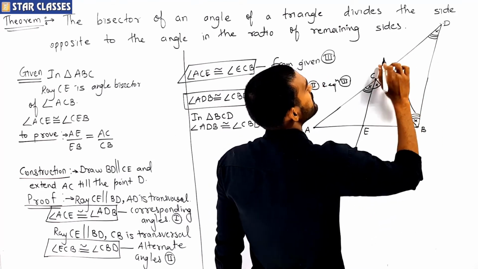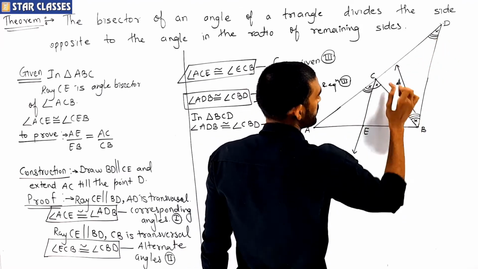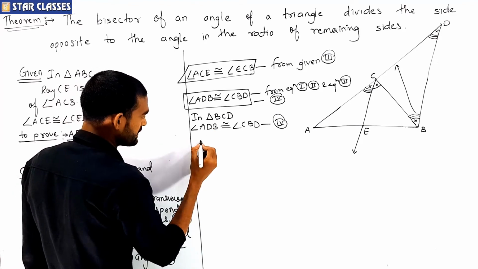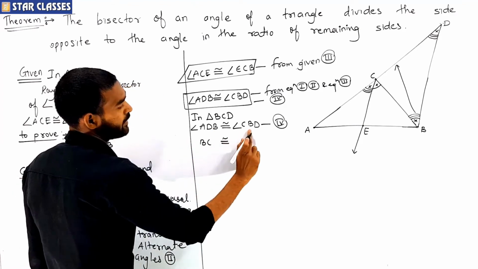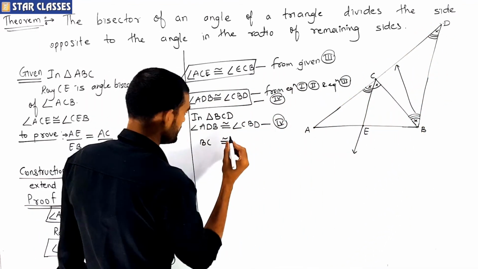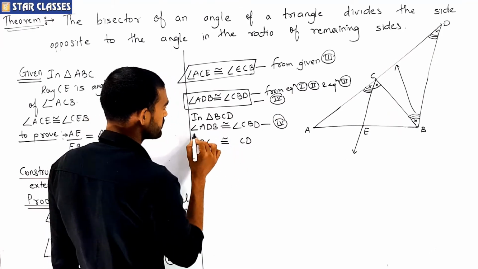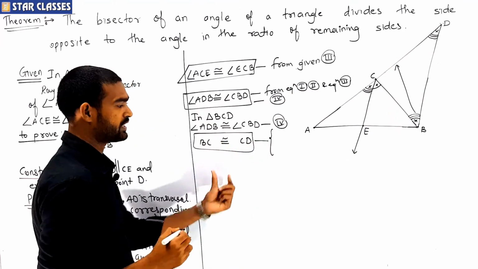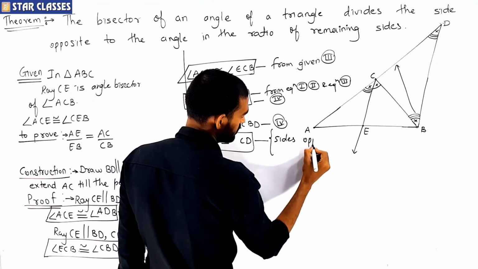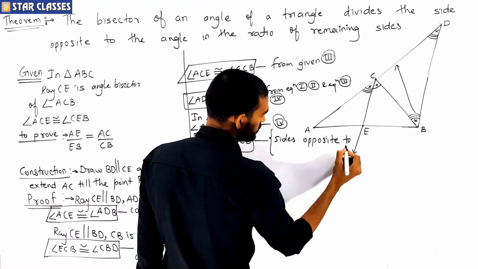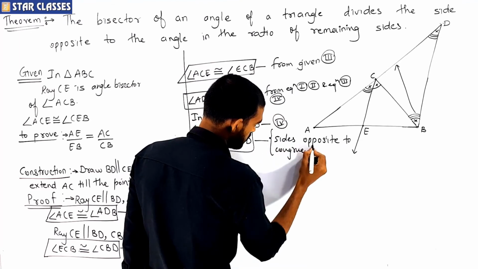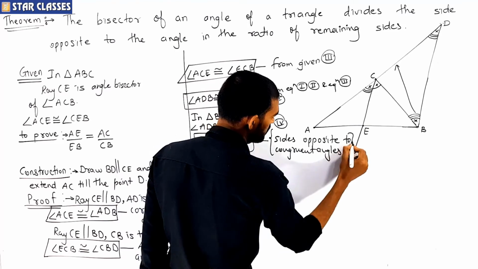So opposite of B is what? CD, and opposite of D is what? BC. So here we'll write: opposite of angle ADB, that is BC, and opposite of CBD, let us check, the opposite side is CD.